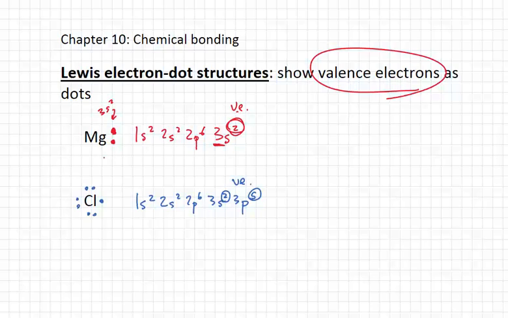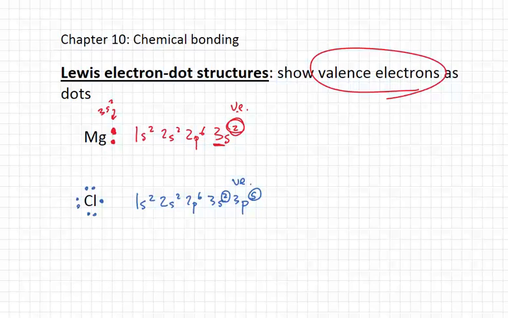This magnesium atom, though, is not stable. What would that magnesium atom like to do in order to become more stable, in order to become more like a noble gas? It would like to lose those 2 valence electrons. It would like to give those away. What would the chlorine like to do? It would like to gain 1.